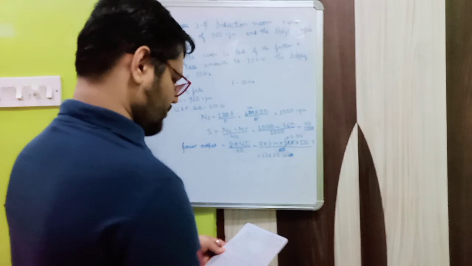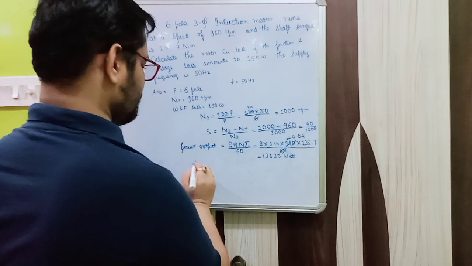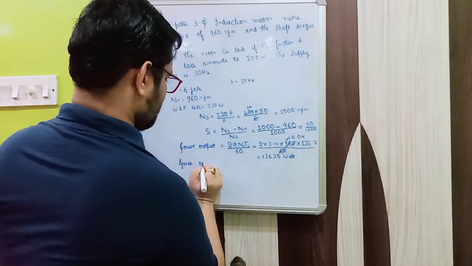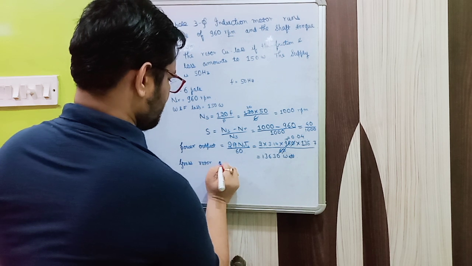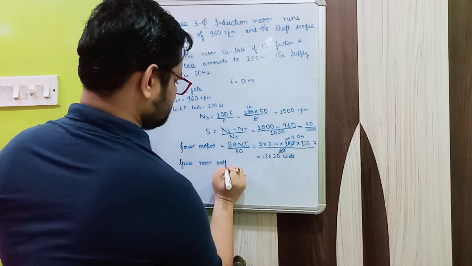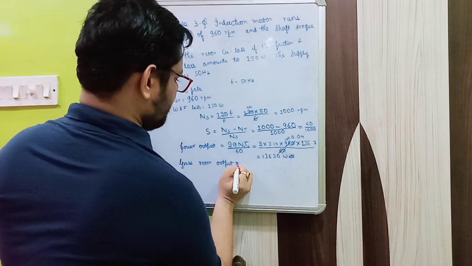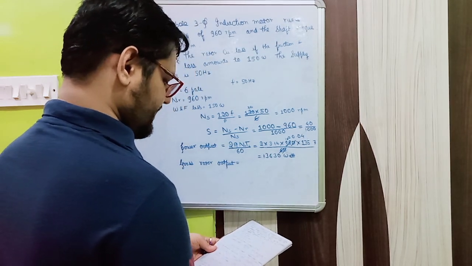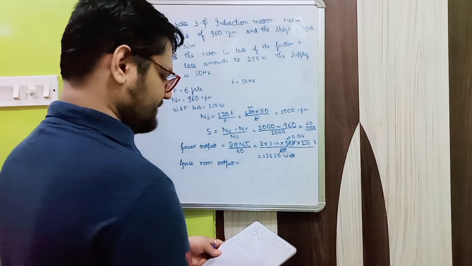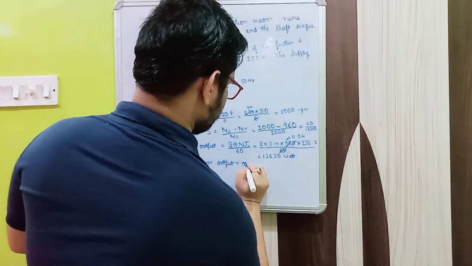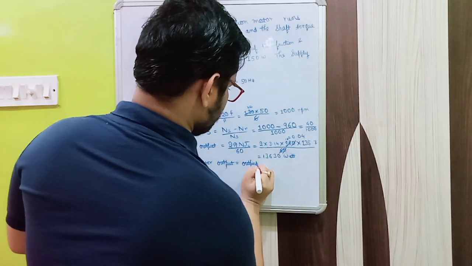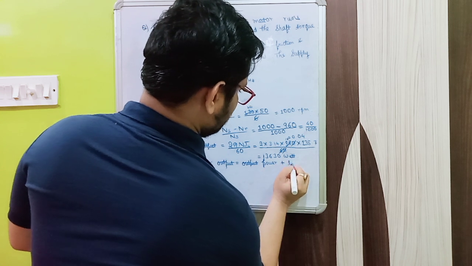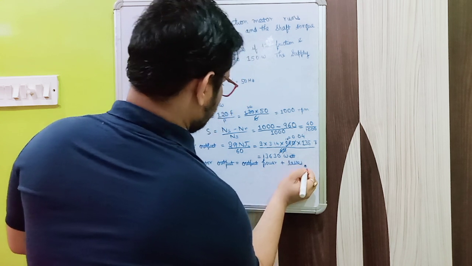So what is the gross rotor output? Gross rotor output is equal to the output power plus losses. What is the output power?